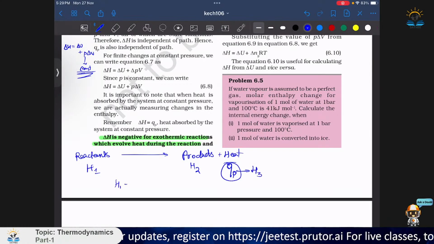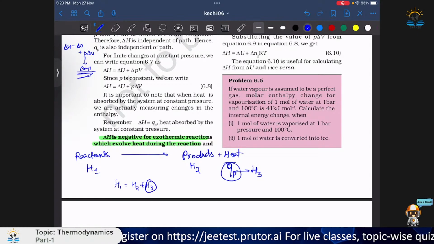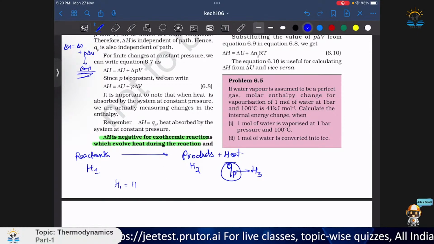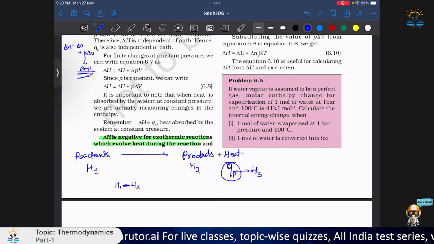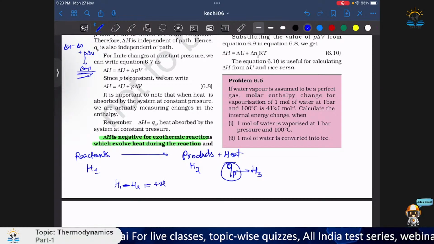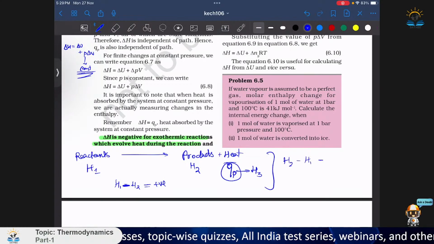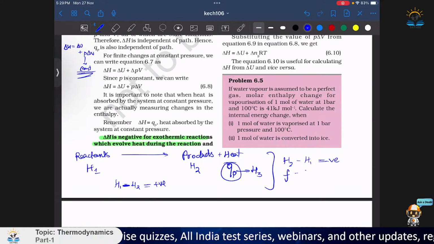Definitely H1 will be H2 plus H3. And if we just ignore the H3 here, we just see the enthalpies. So H1 minus H2 will be positive, but H2 minus H1 will be negative, which is final minus initial.